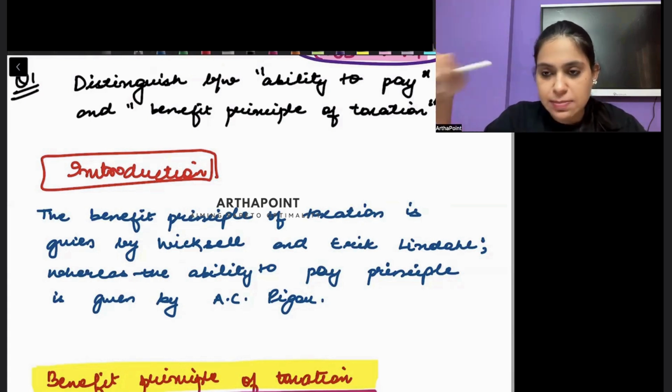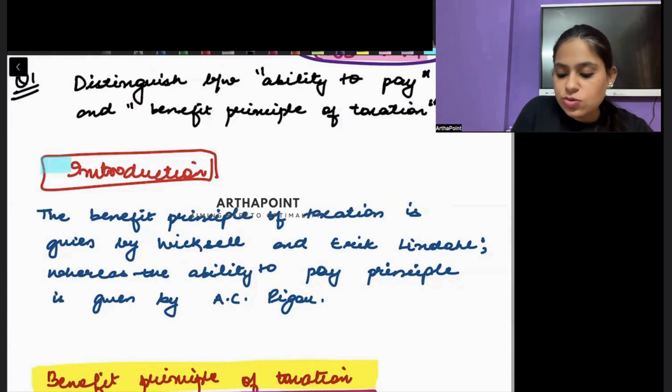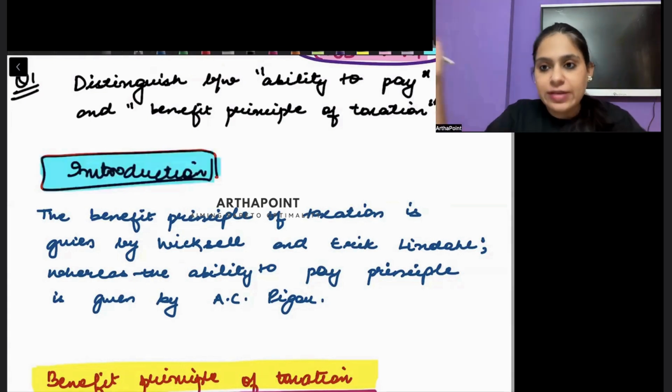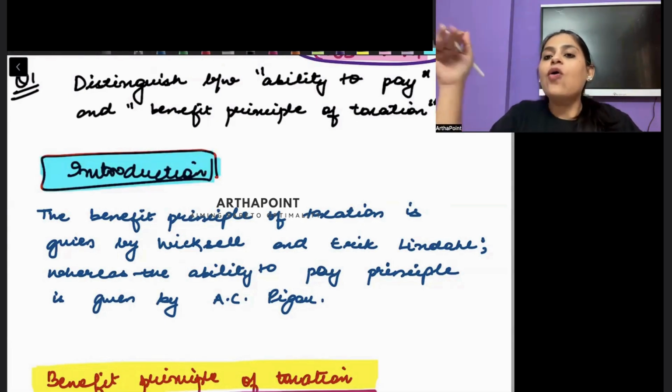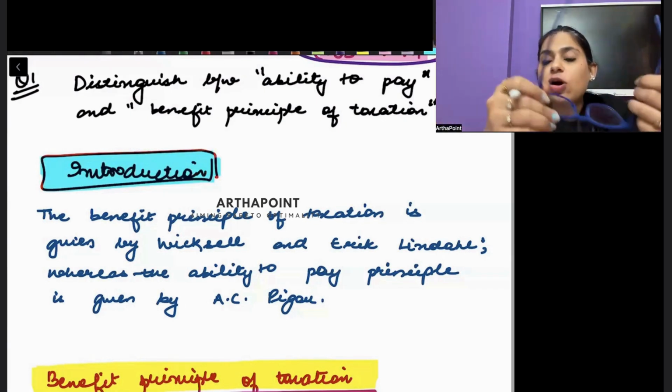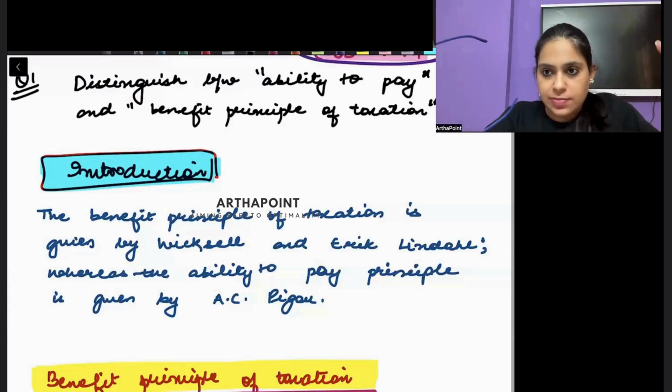That will be part of the same playlist, so please look into that also. Whether you appear for Indian Economic Service, IES Economics Optional, or DEPR, all three exams require good answer writing skills. If you know a concept well but you're not able to write the answer well, it's all in vain. Okay, let's deep dive.